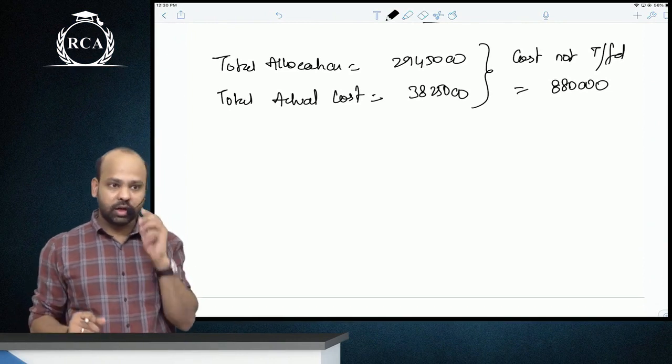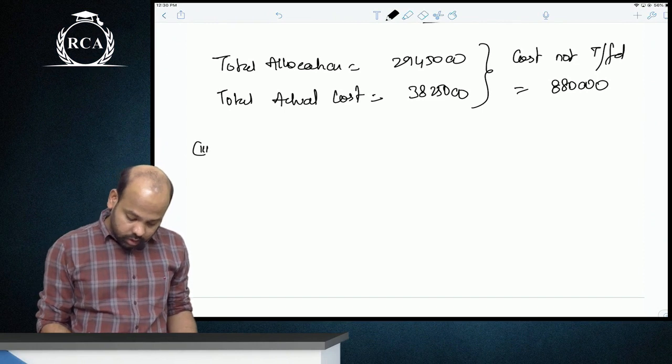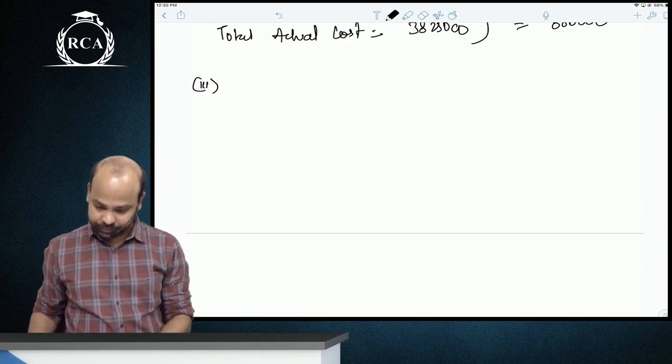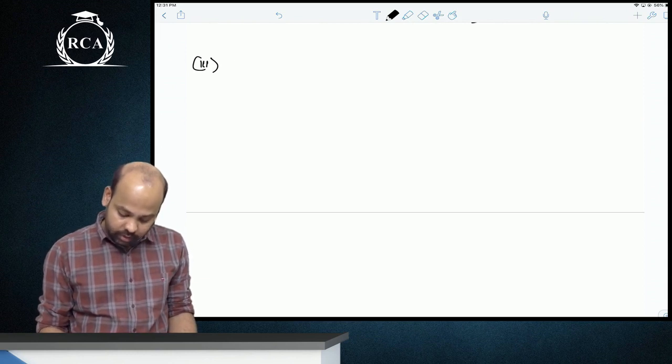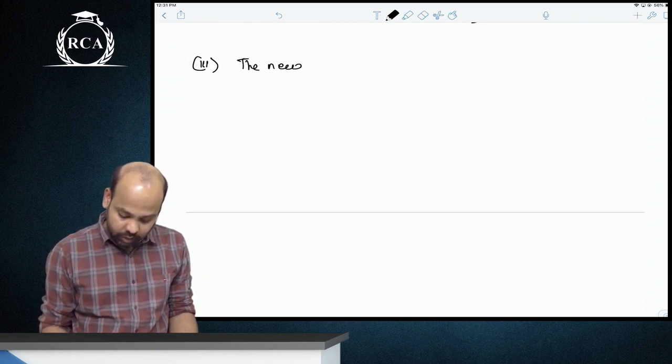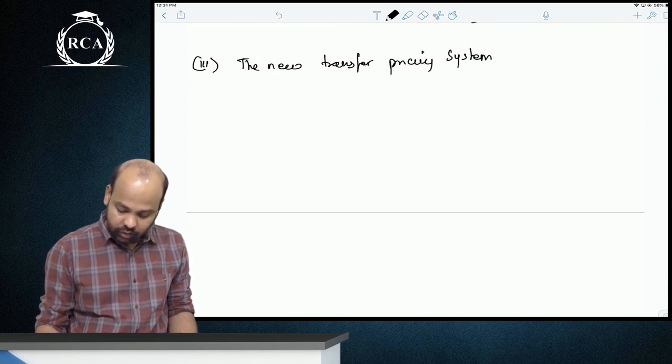Just in case you haven't understood any part of it, guys, please contact, do not forget. Third part is such, guys, here. What will you write, beta, is how is it solving problems? The new transfer pricing system addresses all the issues.